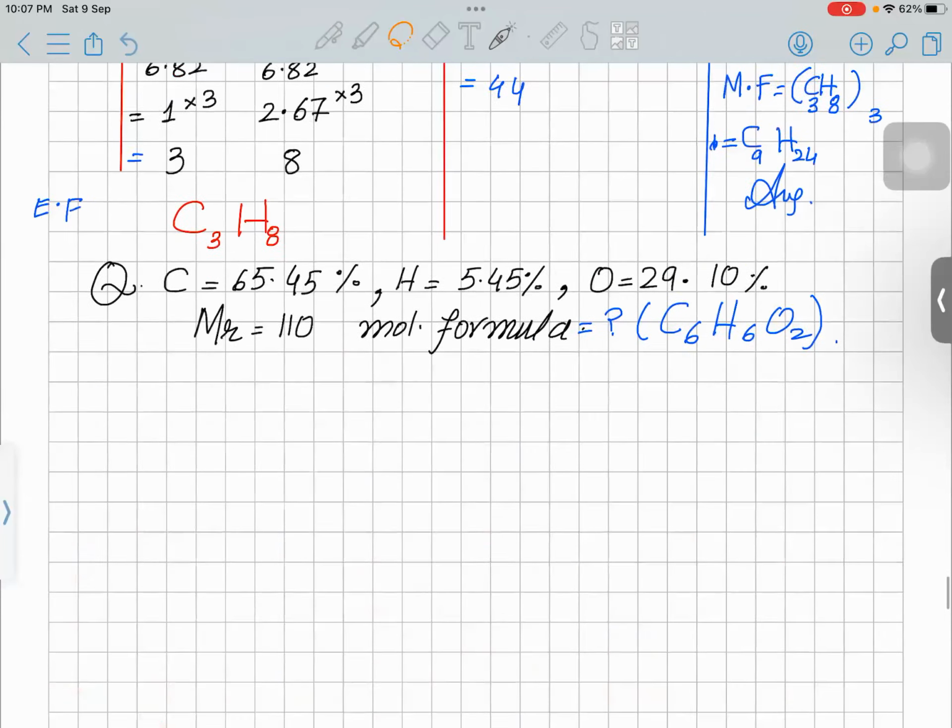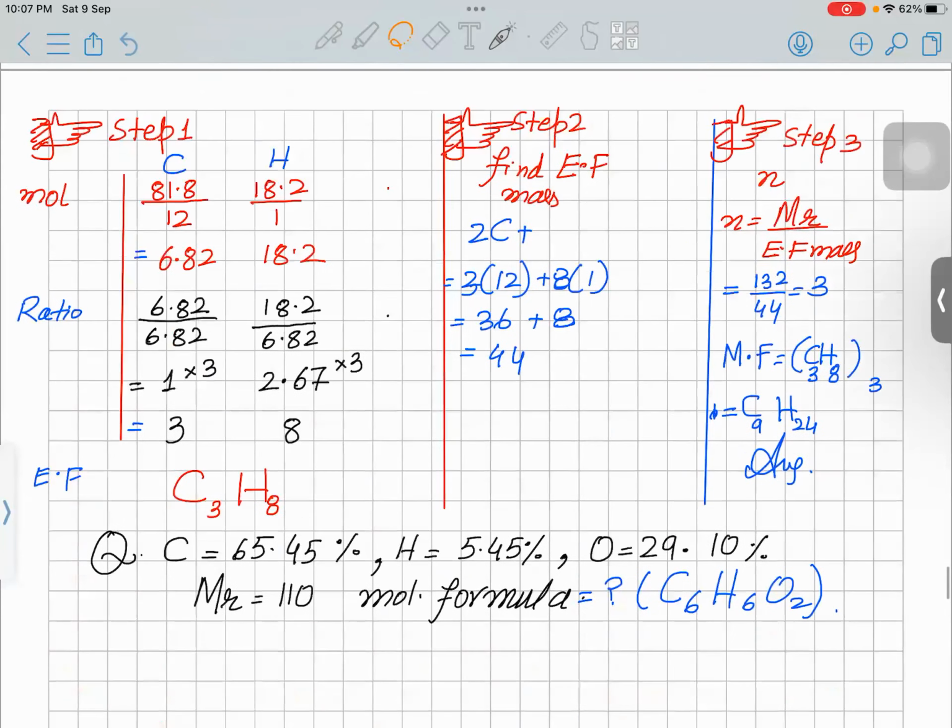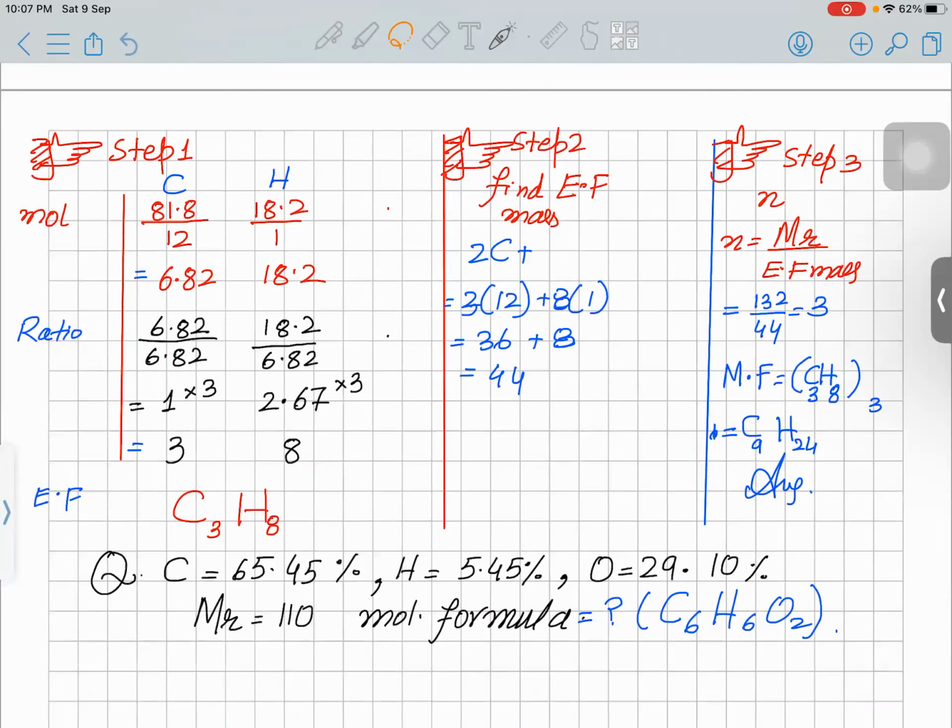Now look at it again. We have carbon, hydrogen, and oxygen, right?